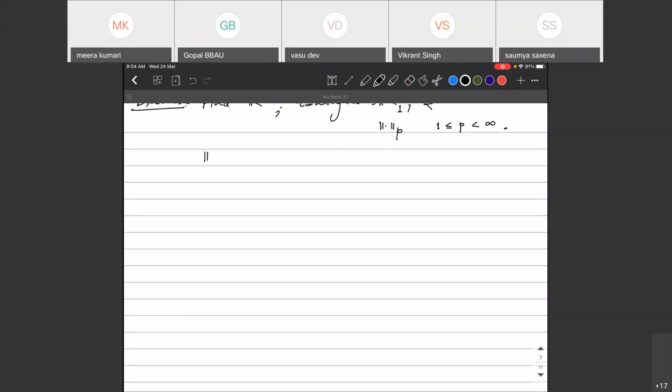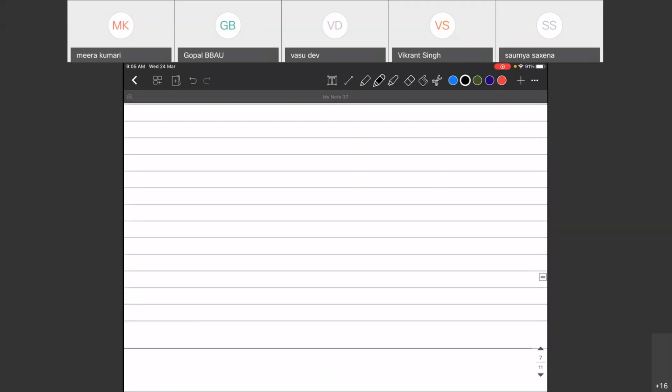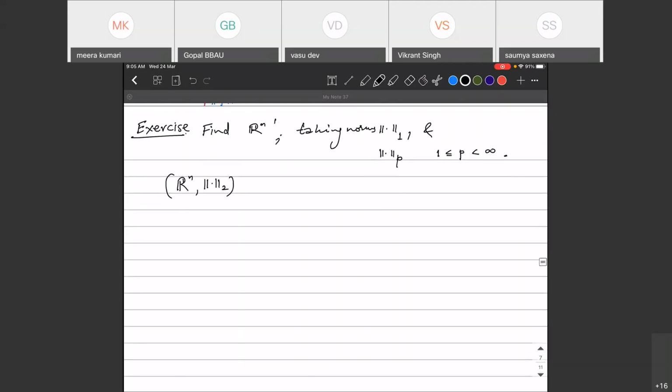Yesterday you saw that when we were taking the 2 norm, the dual was isometrically isomorphic to Rn itself. Correct? There is a relation.